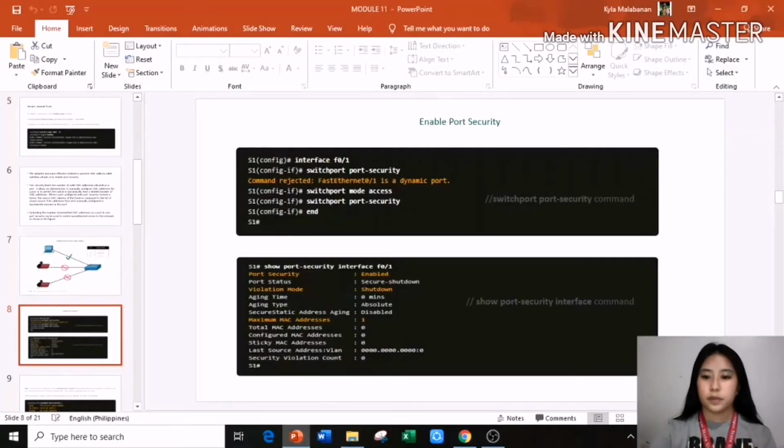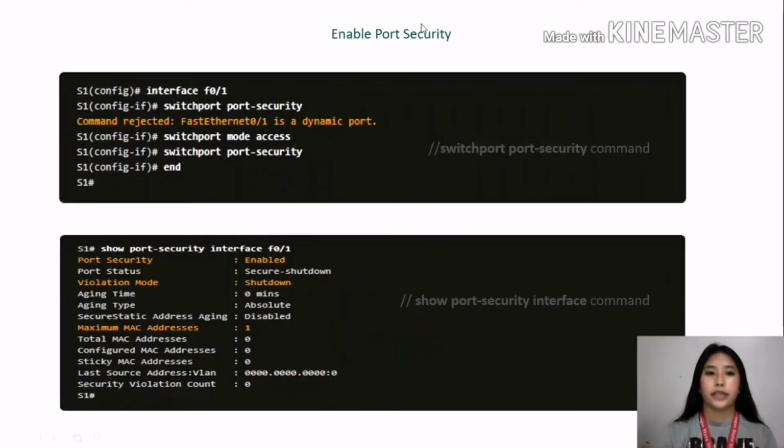So, going back in Module 11, enable port security. Notice in the example here, the switchport port-security command was rejected. This is because port security can only be configured on manually configured access ports or manually configured trunk ports.